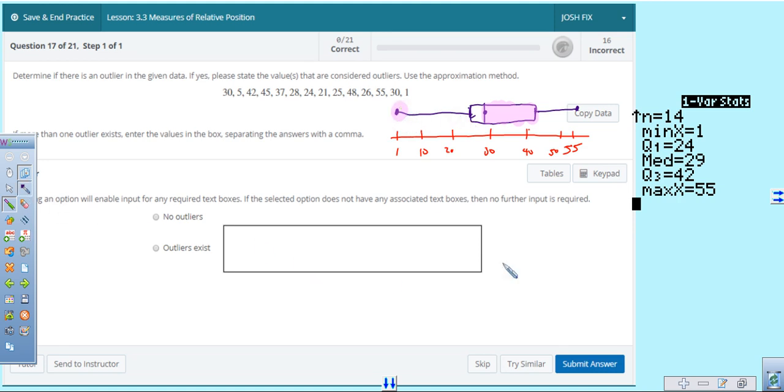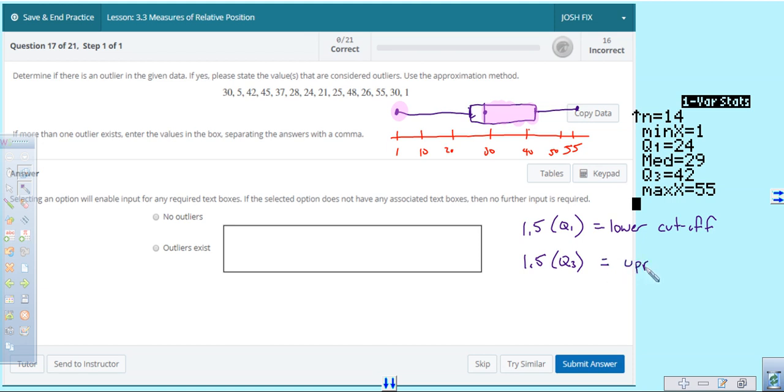Our formula would give us a lower cutoff value, or an upper cutoff. In just a minute when we calculate it, you'll see a number value saying if you're anything outside of this, then you are an outlier.